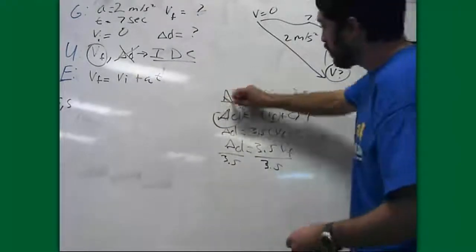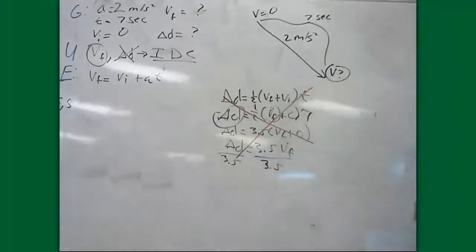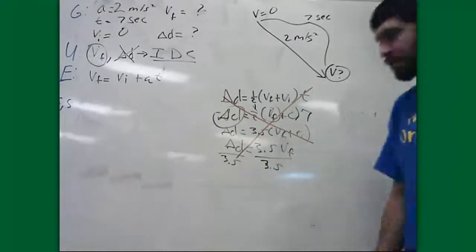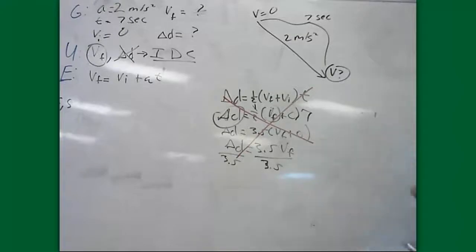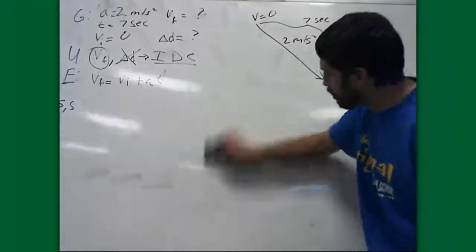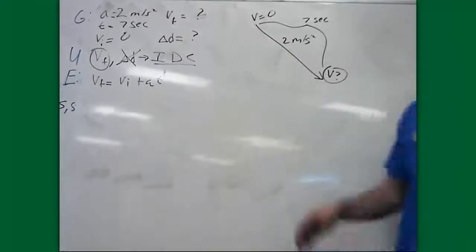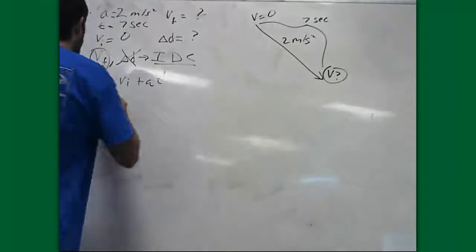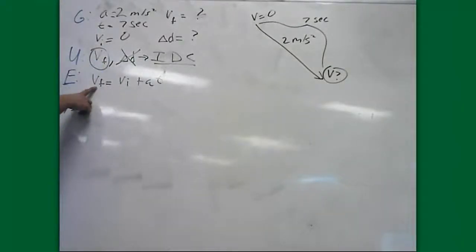This is not good. You cannot have 2 unknowns in your equation. If you do, you'll get here, and you won't be able to solve for it. But you know what? That's okay, because that's what erasers are for. So you realize this, you're like, wait a second, I have 2 unknowns. Erase that. I picked the wrong one. Oh, I remember. My equation cannot have the unknown that I don't want. So we go back and we see this one, because this one has VF and not delta D. And now we can go and plug in and solve.